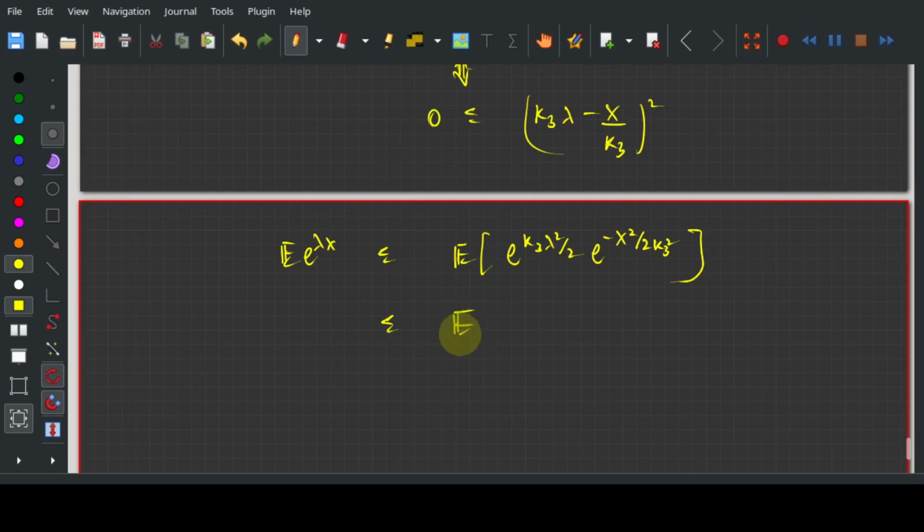I claim that this is less than or equal to e to the k3 square lambda square by 2 times expectation e to the minus x square by 2 k3 square.